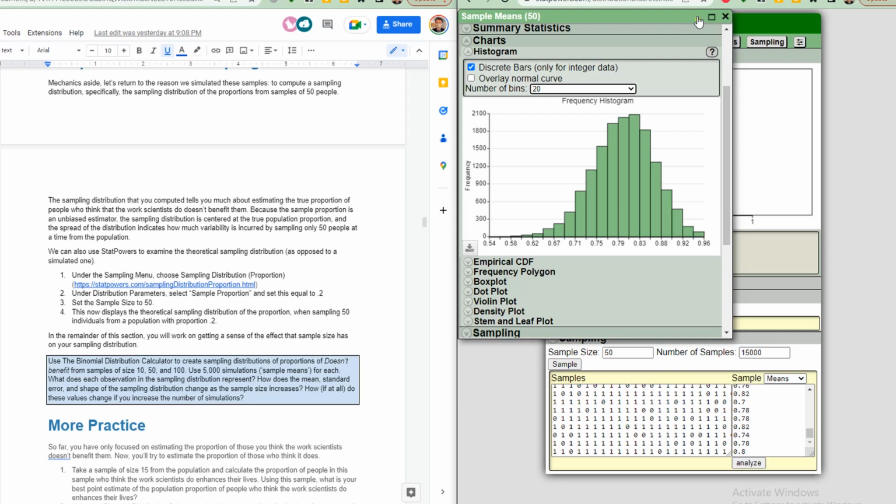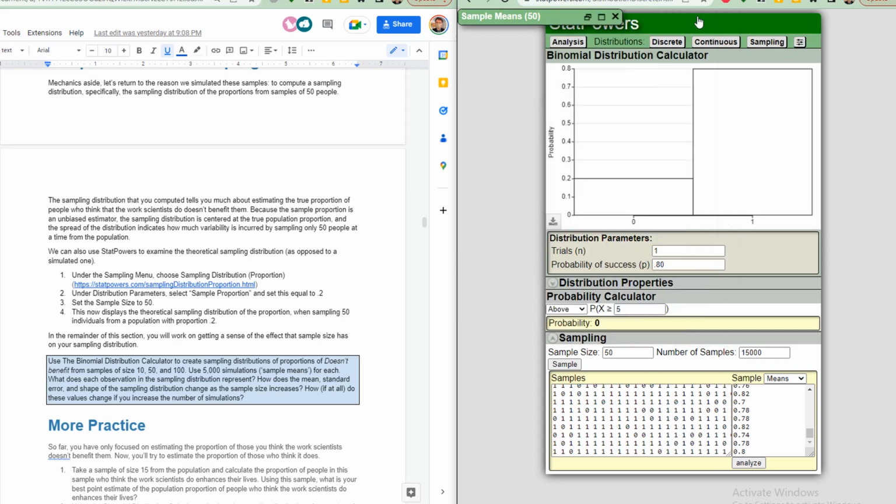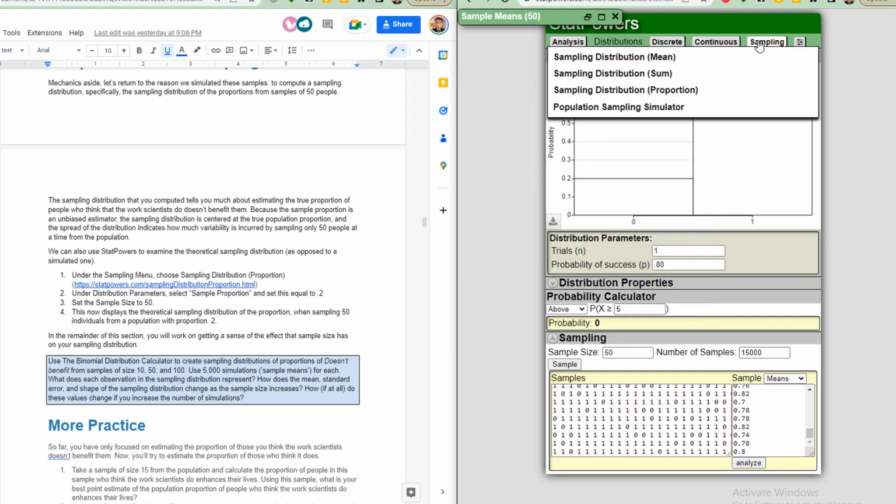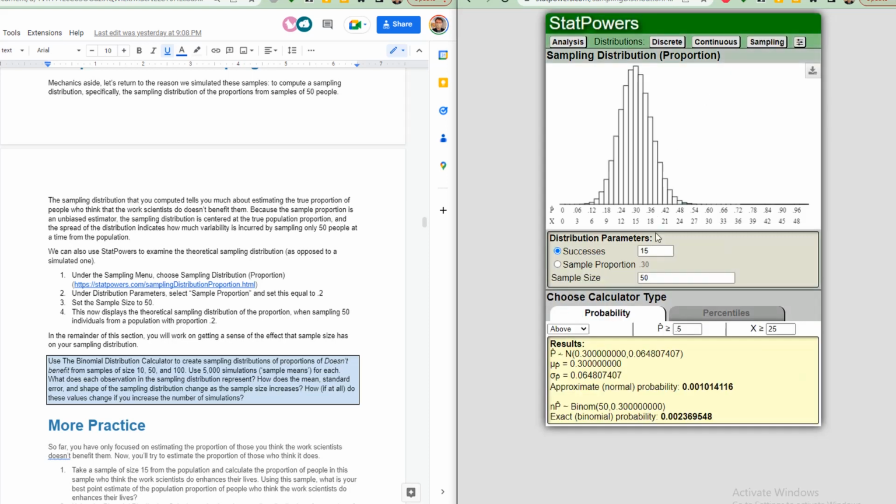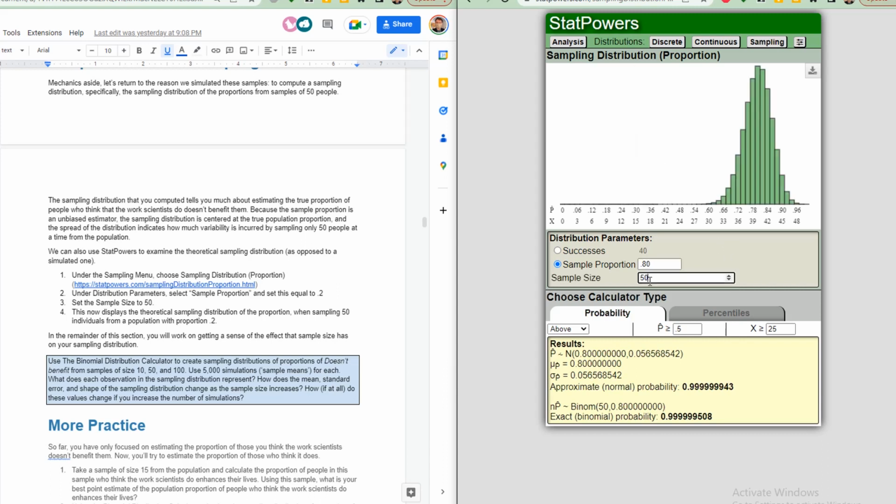What you can also do is look at the theoretical sampling distribution under the sampling menu. There's the sampling distribution for proportions. Here we can put in the parameters of this population by putting in the success of the sample proportion to be 80 and a sample size of 50.